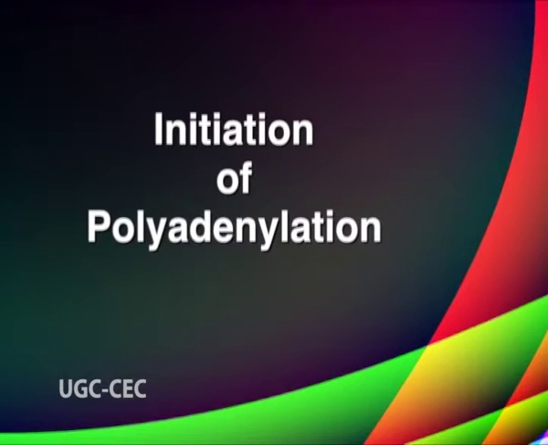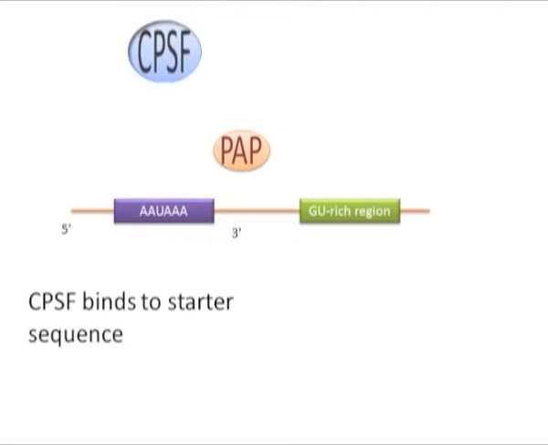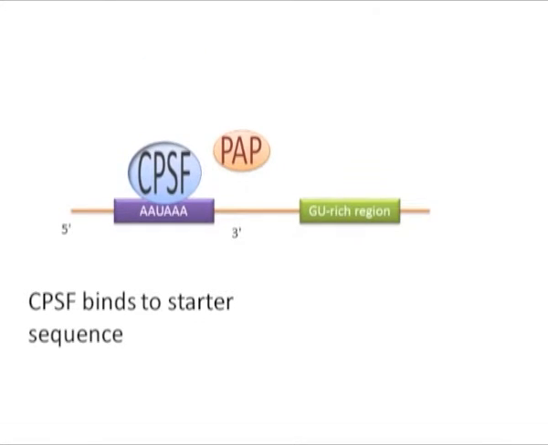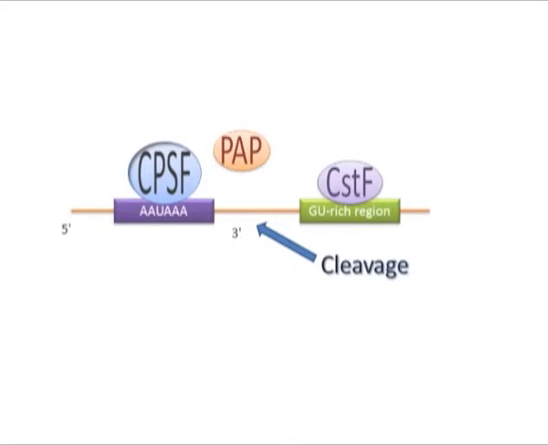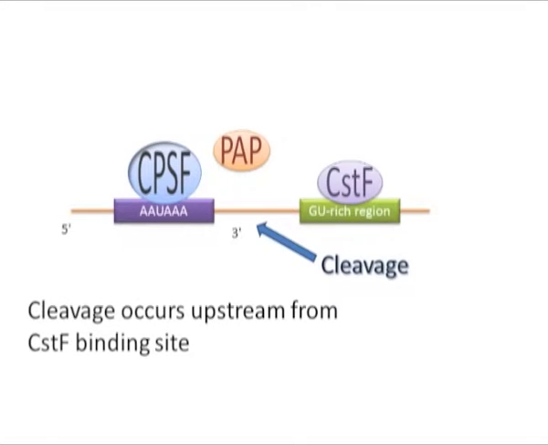Now, the initiation of polyadenylation. 2 proteins participate in the initiation process, poly-A polymerase and CPSF, which binds to the AAUAAA motif. At first, CPSF binds to the starter sequence, then CstF binds to the GU-rich region, and cleavage occurs upstream of the CstF binding site.